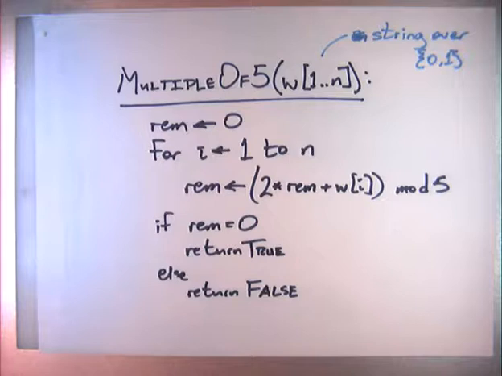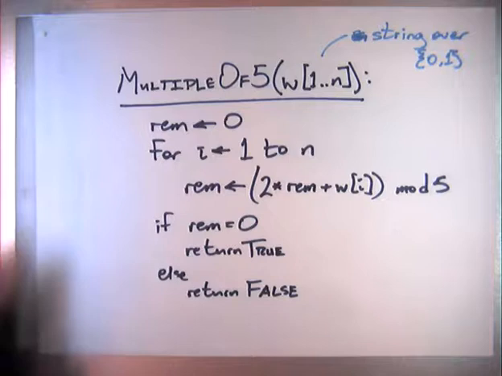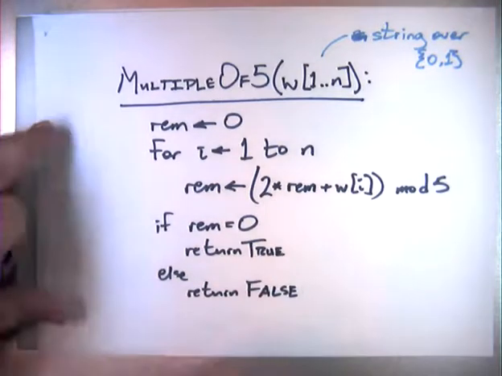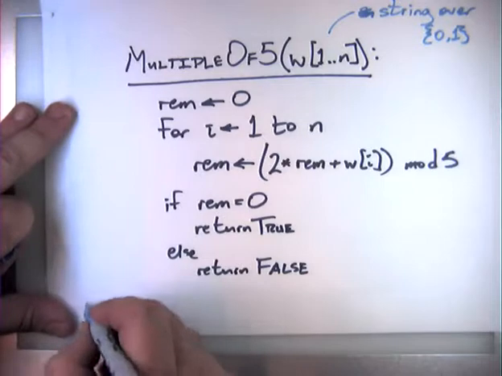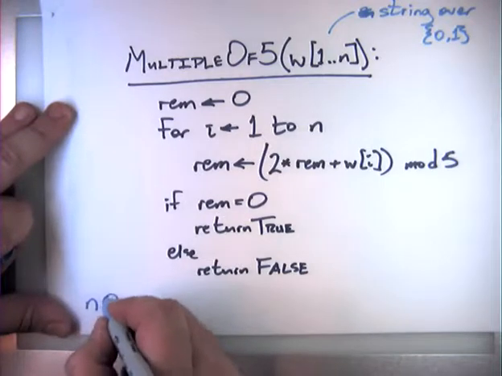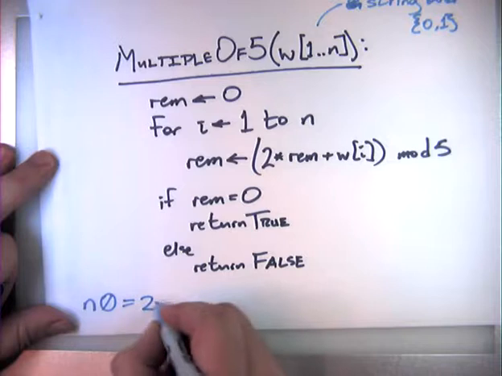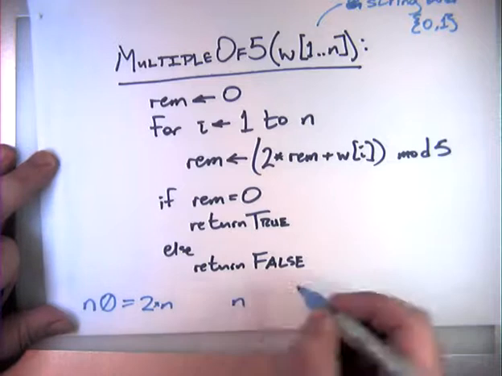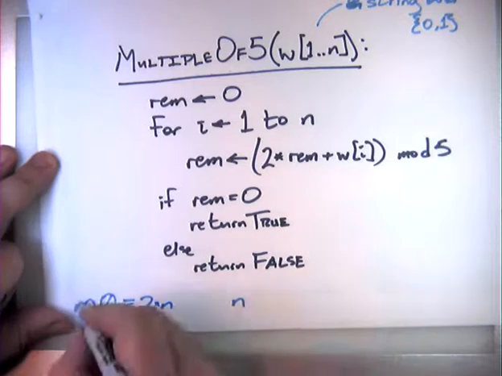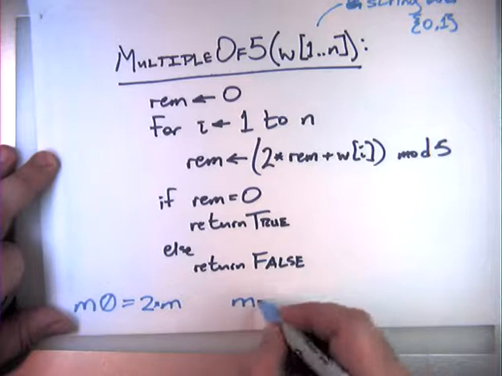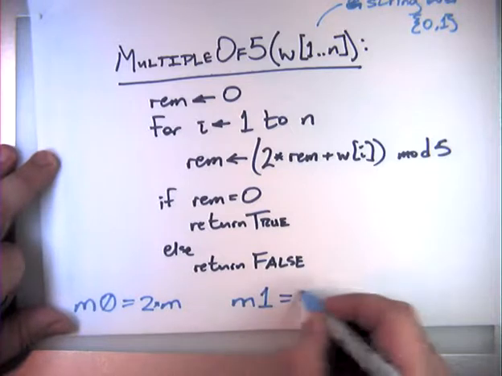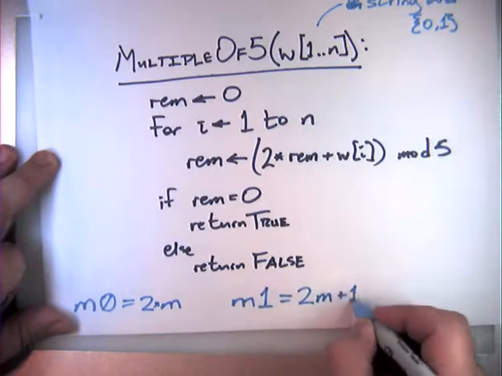The idea is that if I have some number n, and then I read a symbol 0, that's the same as 2 times n. And if I have some number m followed by a 1, the value of this is 2m plus 1.